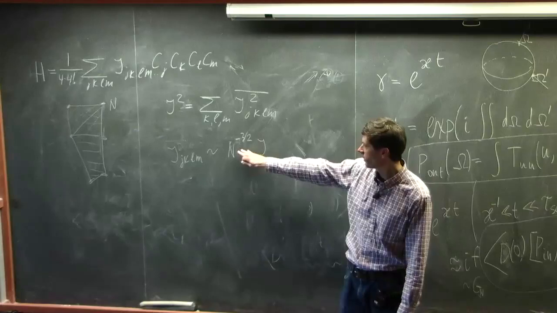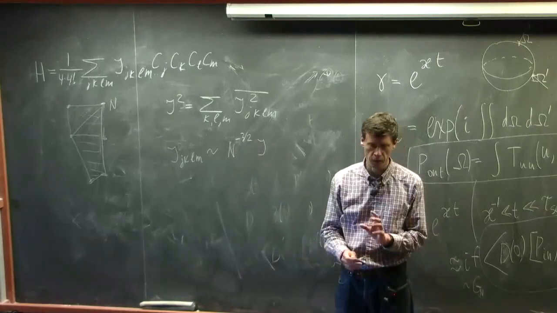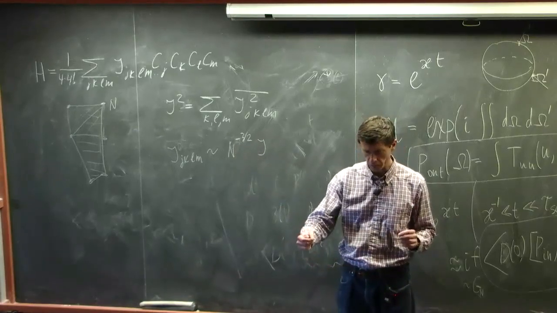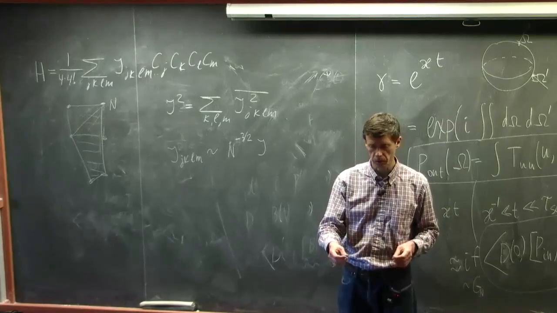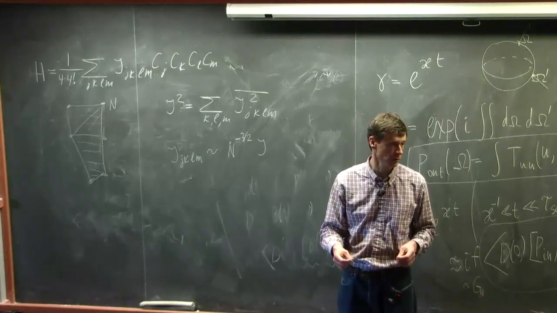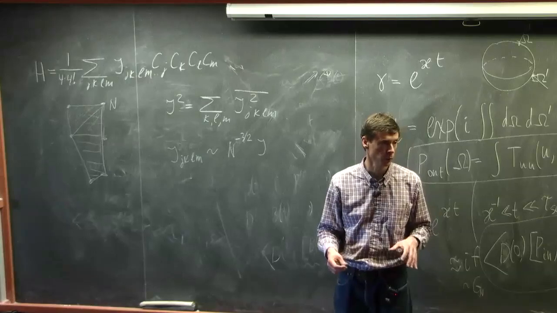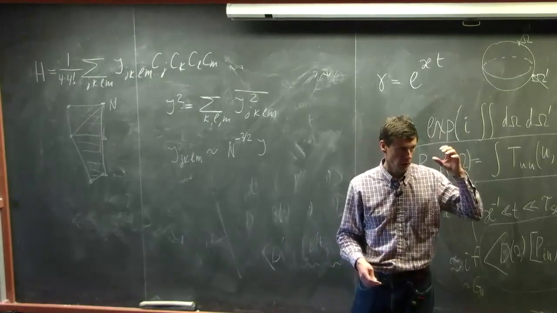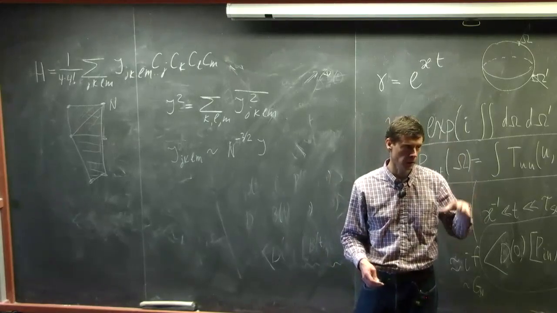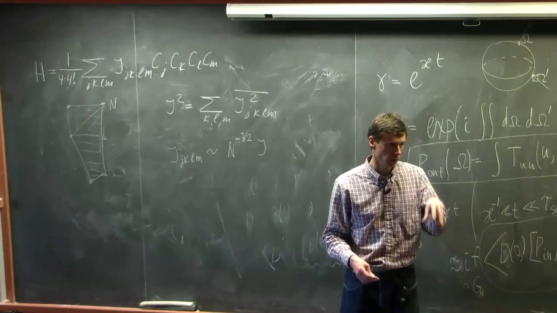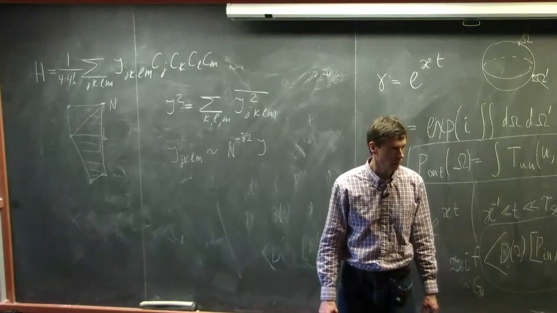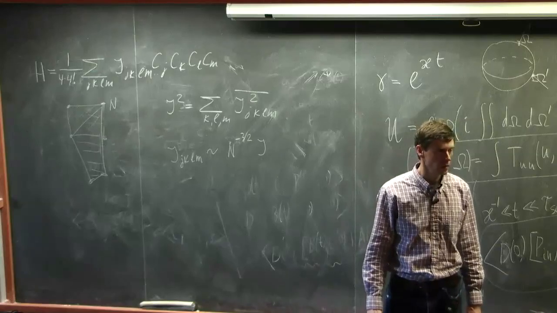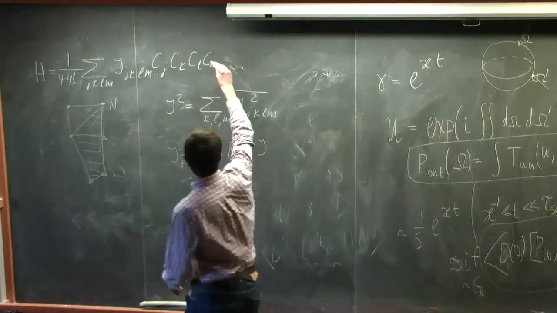But it's not important that they all interact. We can have n sites and 10 times n terms, a large constant times n terms. We just throw those terms randomly into the system. And yes, the C's are Majorana operators.